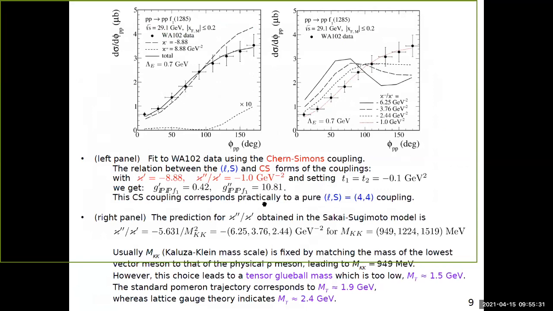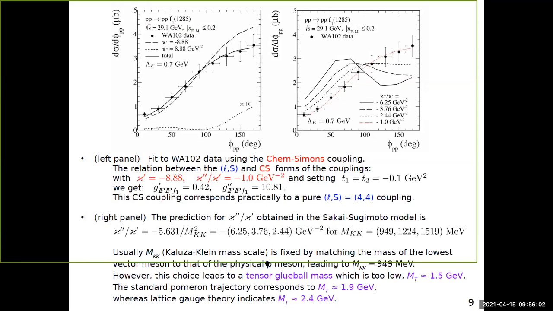But the predictions in the right panel are predictions for the ratio of coupling constants obtained in the Sakai-Sugimoto model. So in this model and in this ratio, there is only one parameter, the Kaluza-Klein mass scale, and for different ranges of this scale, as motivated below.